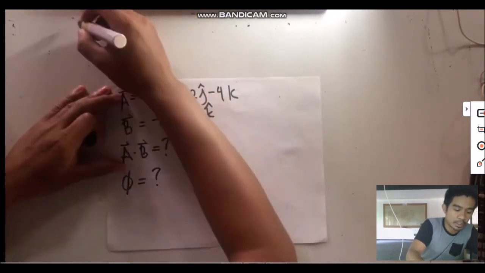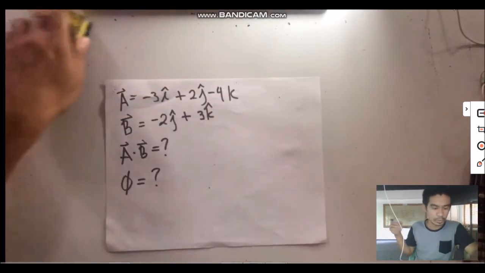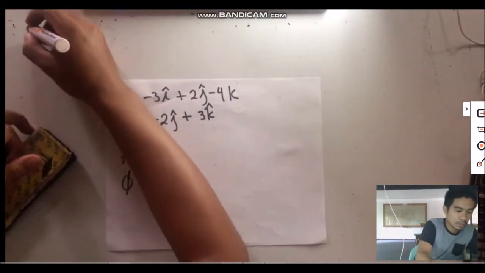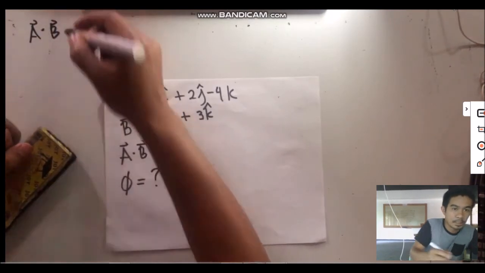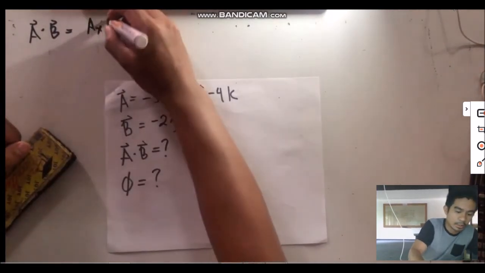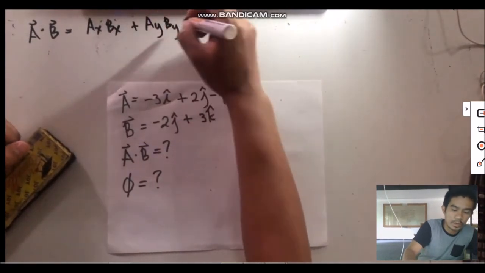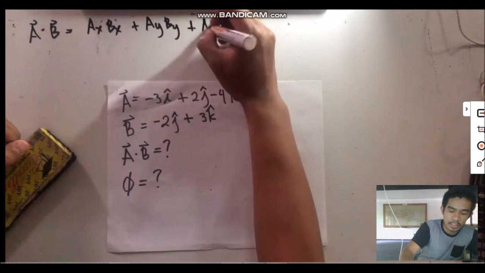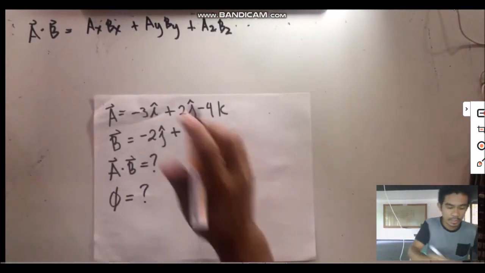So first, vector A dot vector B equals ax bx plus ay by plus az bz. Okay, so what is a of x here?